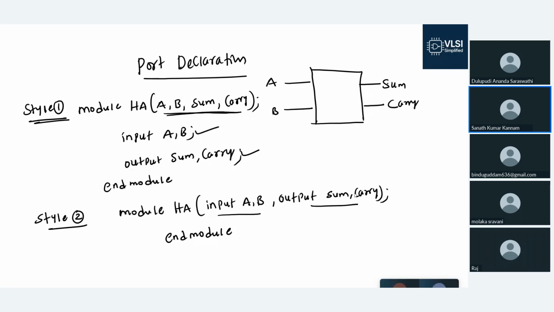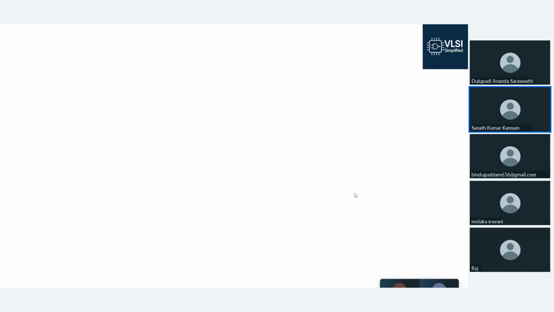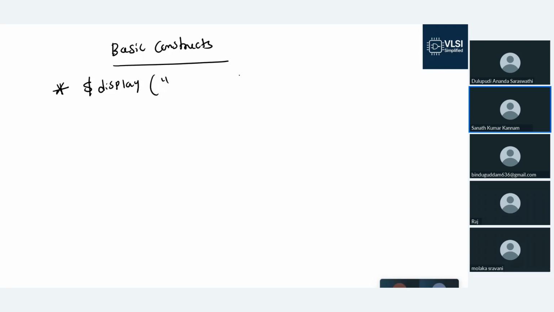Next, basic constructs. In C language you use printf, but in Verilog you use $display. Whatever you display in double quotes will be displayed. You can also use escape identifiers.